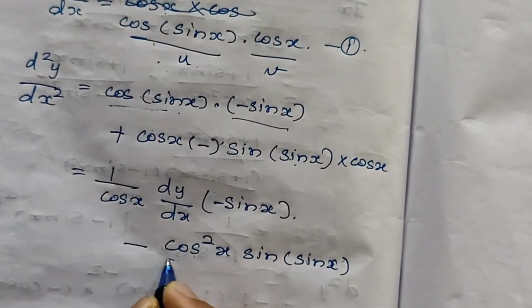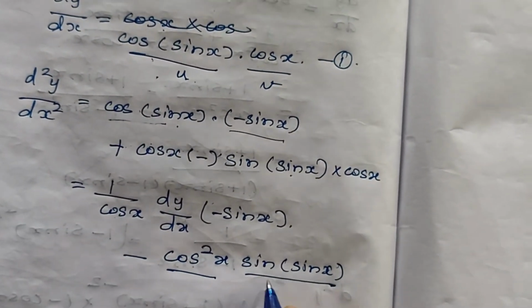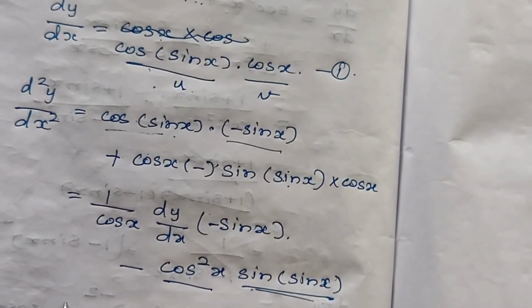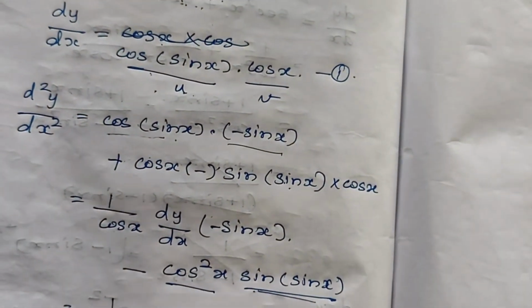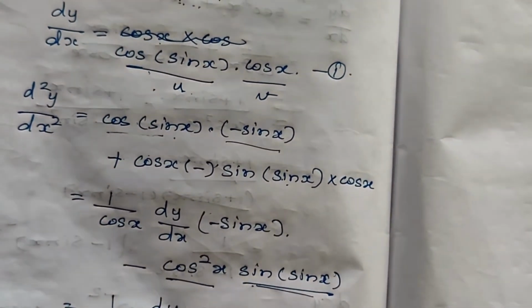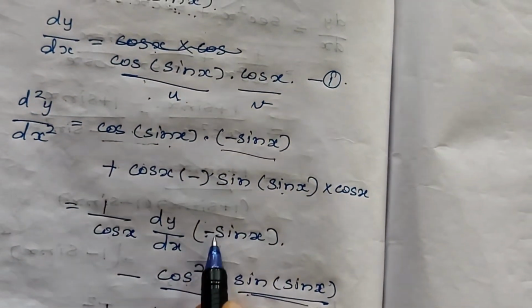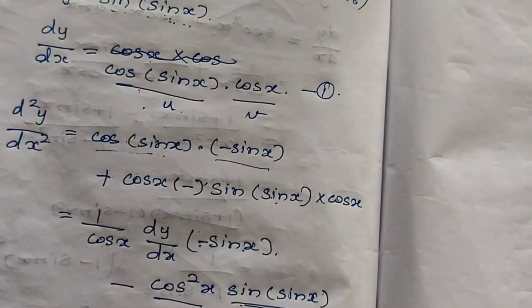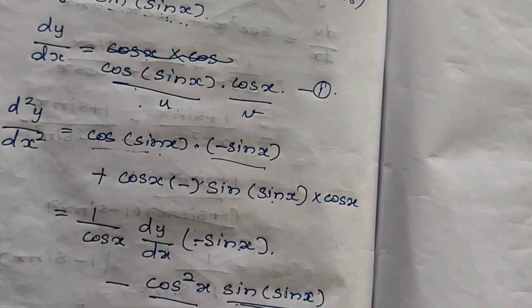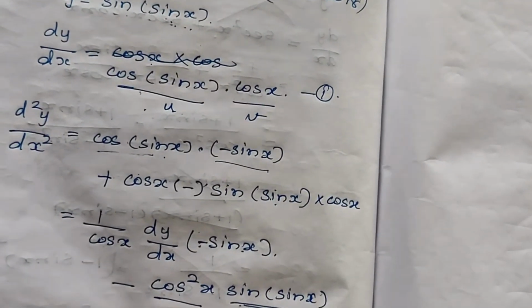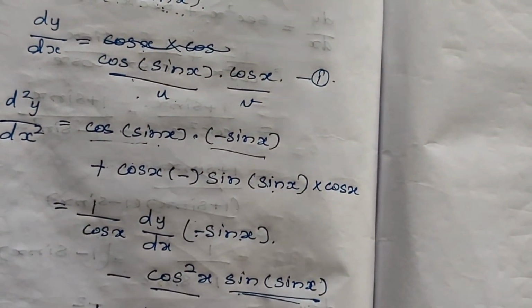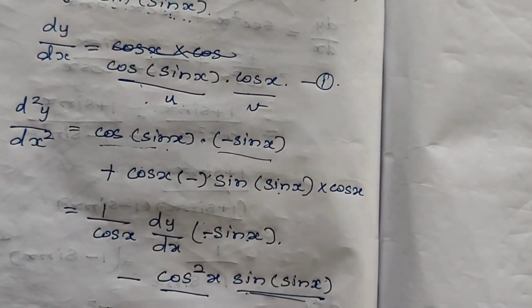Here cos square x, this one sin of sin x is y. Therefore it is equal to 1 by cos x dy by dx, minus sin x, so tan x dy by dx, minus y cos square x.